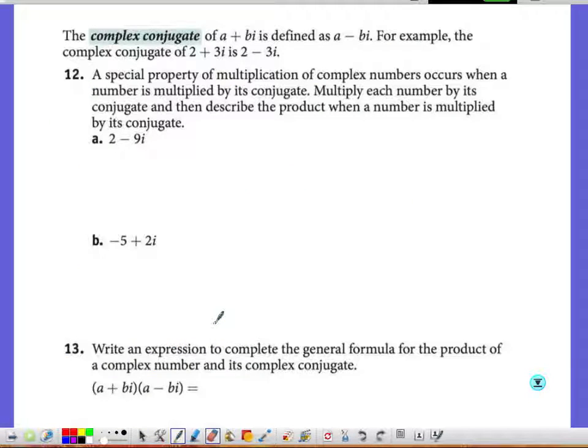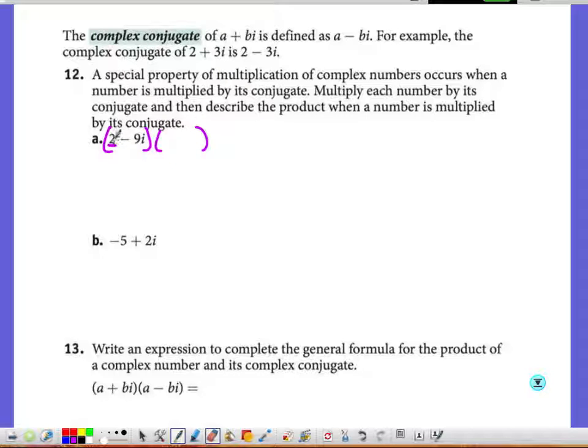And so, looking at number 12 real quick, a special property of multiplication of complex numbers occurs when a number is multiplied by its conjugate. Multiply each number by its conjugate, and then describe the product when a number is multiplied by its conjugate. Again, we want to multiply by its conjugate, so take a look at this.